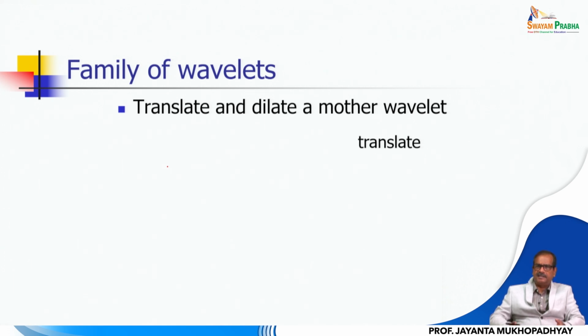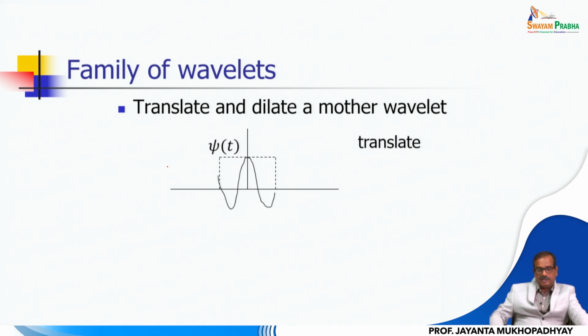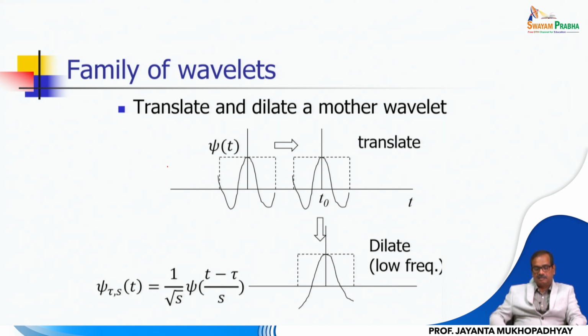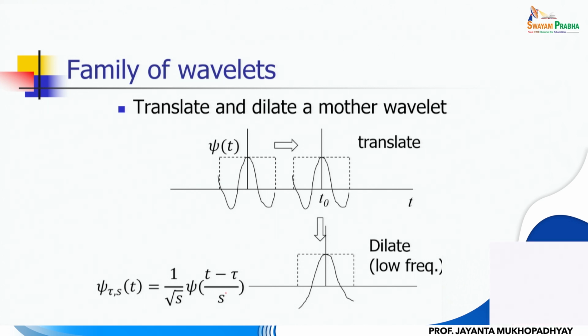And also you can dilate it. Dilation means that when you are dilating in the time domain, actually you are localizing in the frequency domain. So you are also getting a localized structure in the frequency domain support. So, for example, this could be a candidate wavelet, and then if I translate, these are the certain things, and if I use dilation, then you can consider that time is scaled by s.